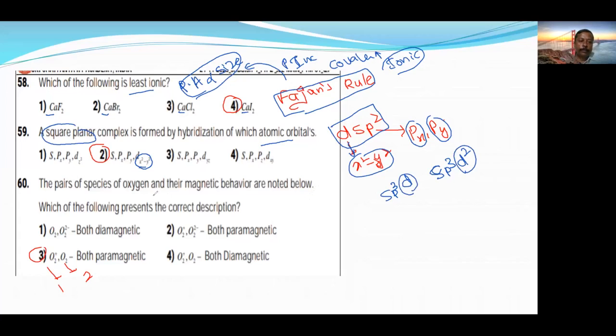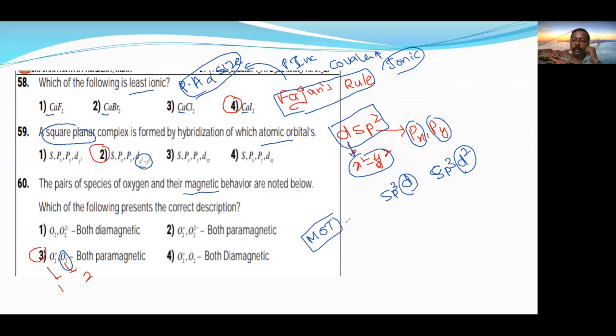Okay, then the pair of species of oxygen and their magnetic behavior. Here it is already known that O2 is paramagnetic. To explain the paramagnetic nature of O2, molecular orbital theory is needed; the main cause behind molecular orbital theory is oxygen.